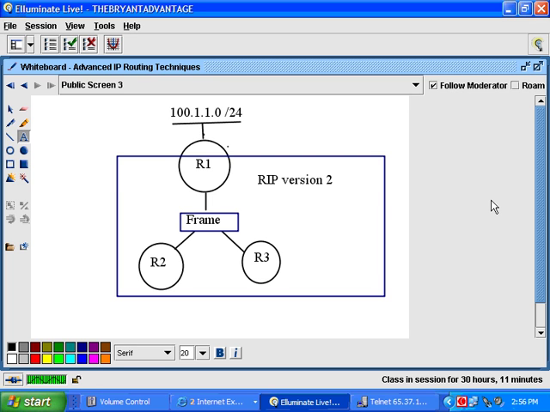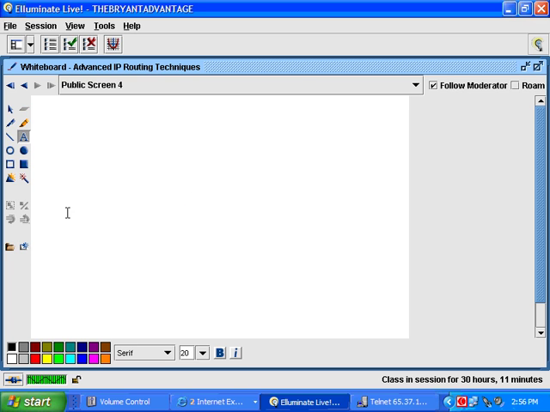Router 1 has a directly connected network 100.1.1.0/24. It's an Ethernet segment, and router 1 wants to propagate this as a default route. We've got a couple of options here that we're going to put on another whiteboard and see when we should use them and when we should not.